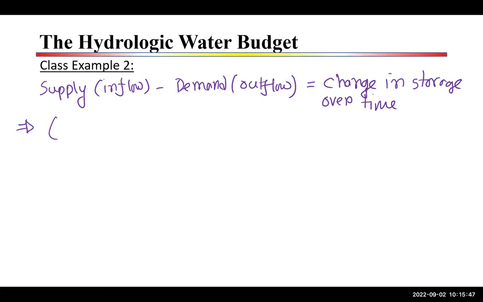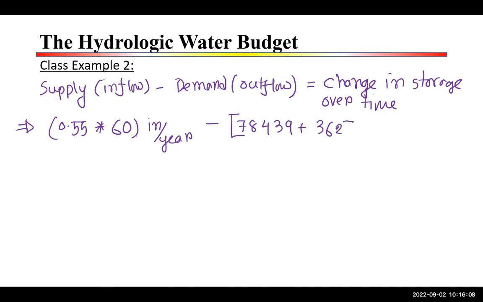Oh, we didn't actually calculate that one, right? 0.55 times 60 inch per year. And what are the demands? 78,439 plus 362 acre feet per year equals the change in storage over time, which is delta S. So I will just write down delta S.